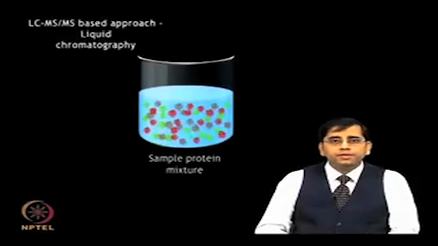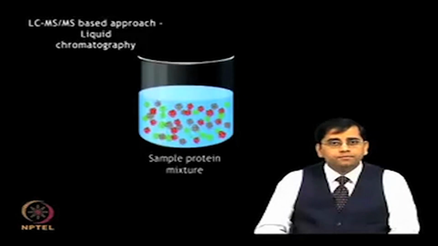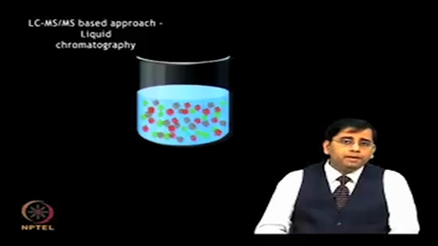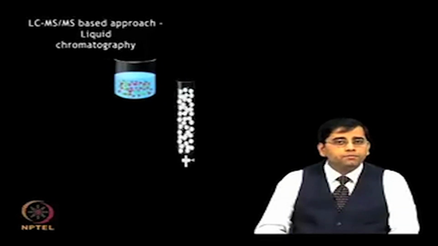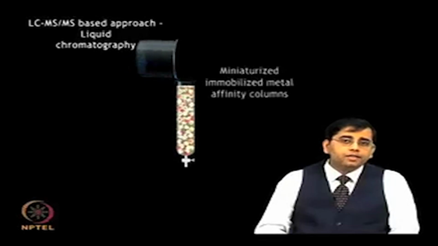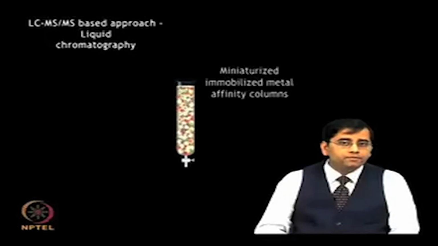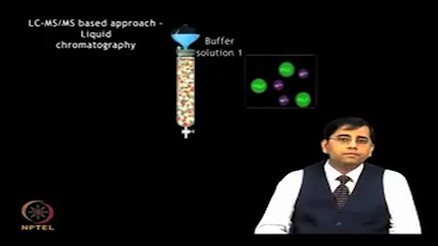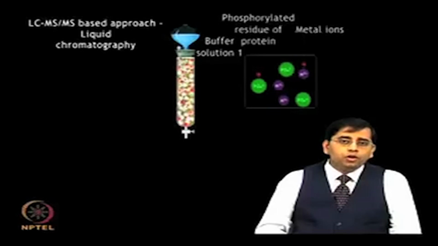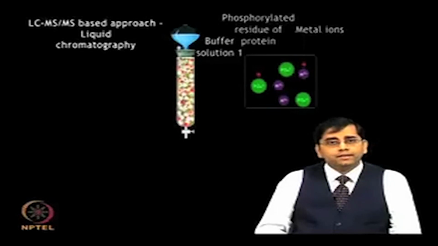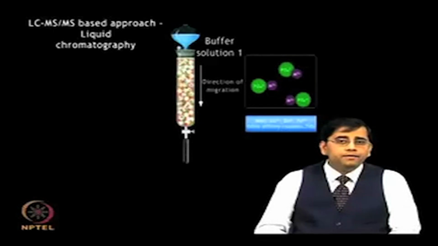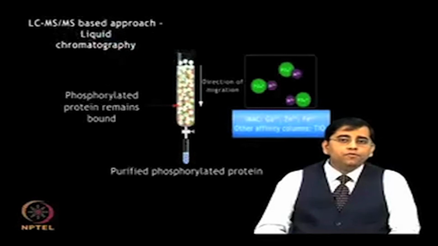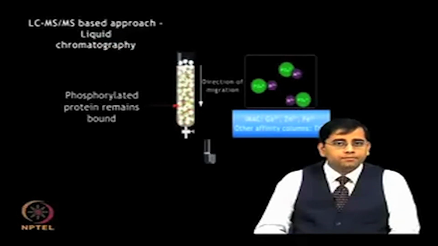A protein phosphorylation experiment is shown here. The complex protein sample is loaded onto a miniaturized affinity column which interacts specifically with proteins having the post-translational modification of interest. The IMAC chromatography columns containing ions such as zinc, iron, or titanium dioxide specifically chelate the phosphorylated proteins.